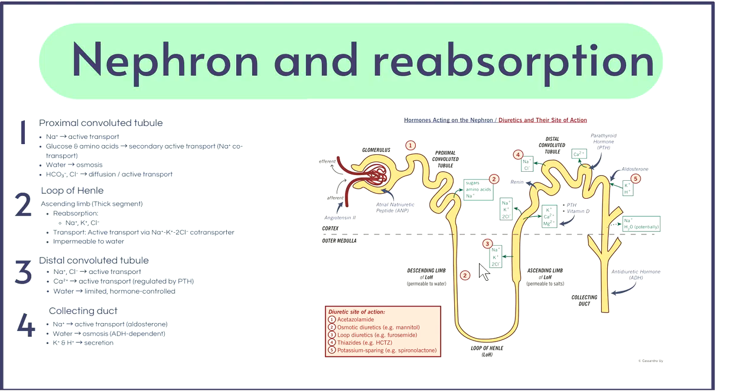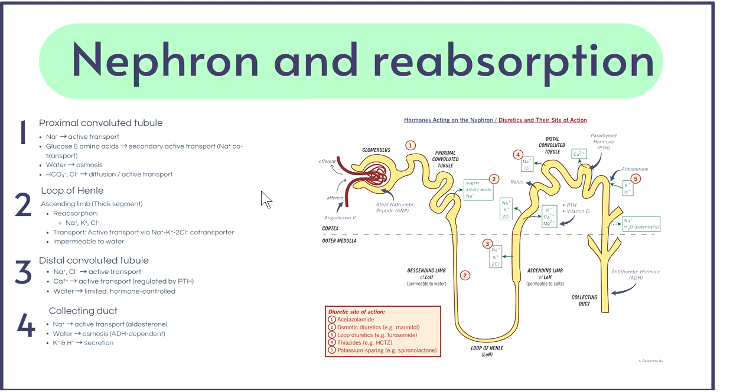The proximal convoluted tubule is this portion here. The most important transport in the proximal convoluted tubule is the sodium transport. This is one type of active transport. As well, here is happening the secondary active transport of glucose and amino acids. What does secondary active transport mean? This means with the help of the primary, like sodium, we will have one type of co-transport.